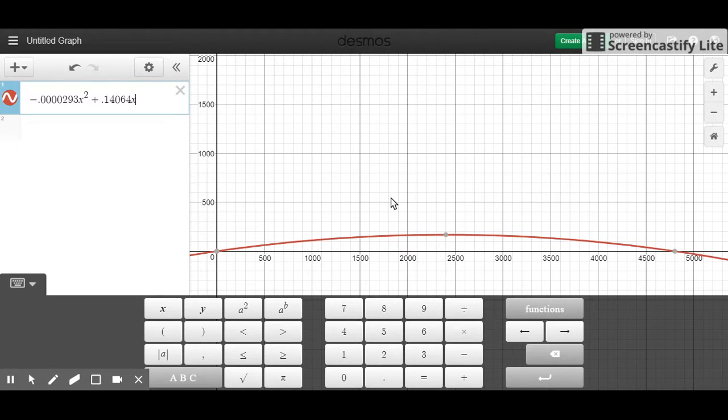So this looks an awful lot to me like the arc a cannonball will follow, starting at our initial position of 0, 0, that's where we placed our cannon, and ending over here at 4,800 feet. So that's where our cannonball landed.